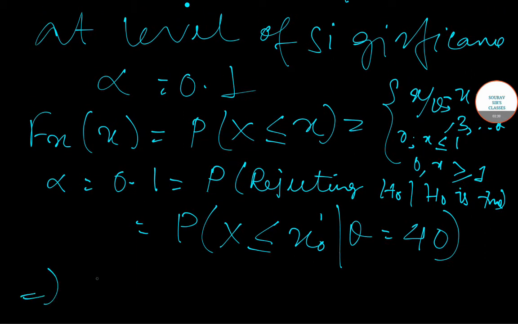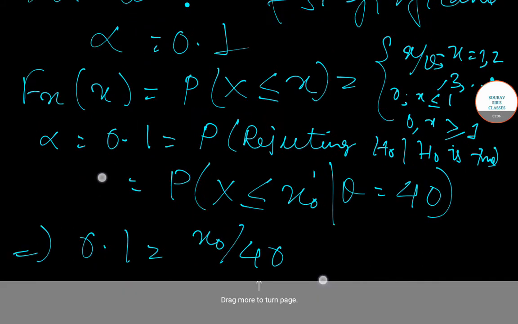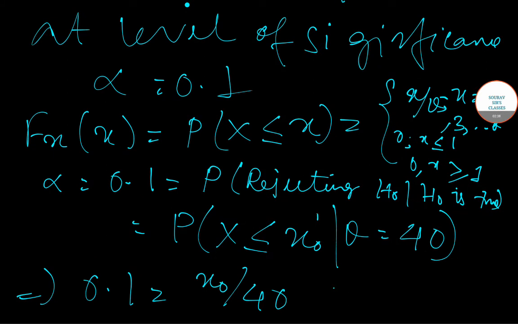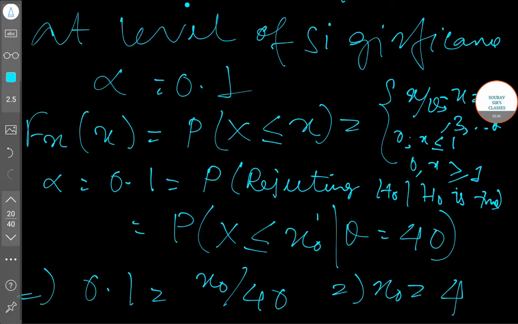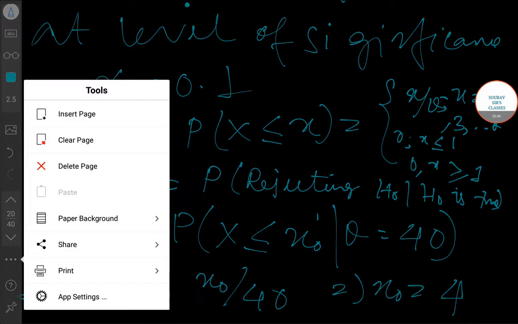This gives 0.1 is equal to x0 by 40, that gives us x0 is equal to 4. So we can say that X less than or equal to 4 is the critical region.